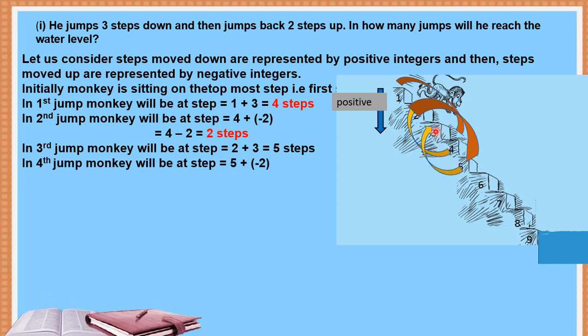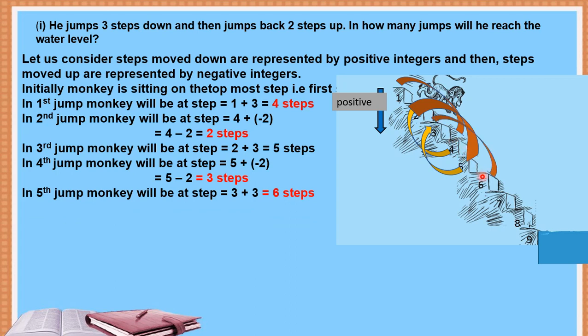So the position after the 4th jump, the monkey will be at step number 3. In the next 5th jump, the monkey will be at 3 plus 3, that means from the 3rd step he takes 3 jumps, 3, 4, 5, 6. So he will reach the 6th step.